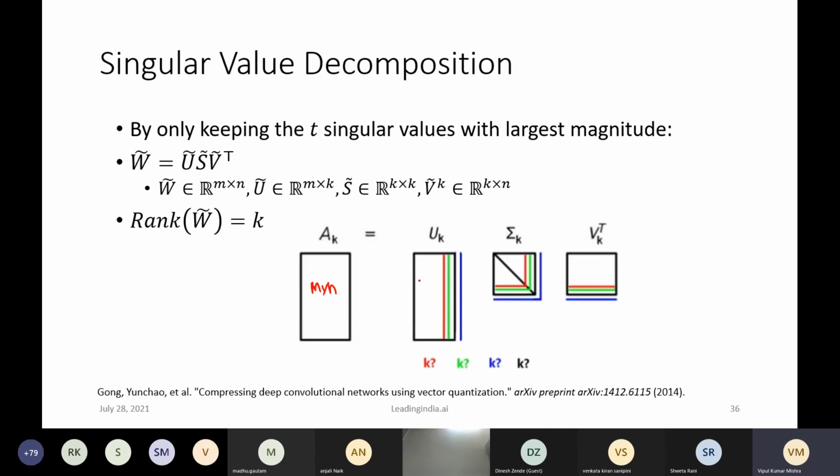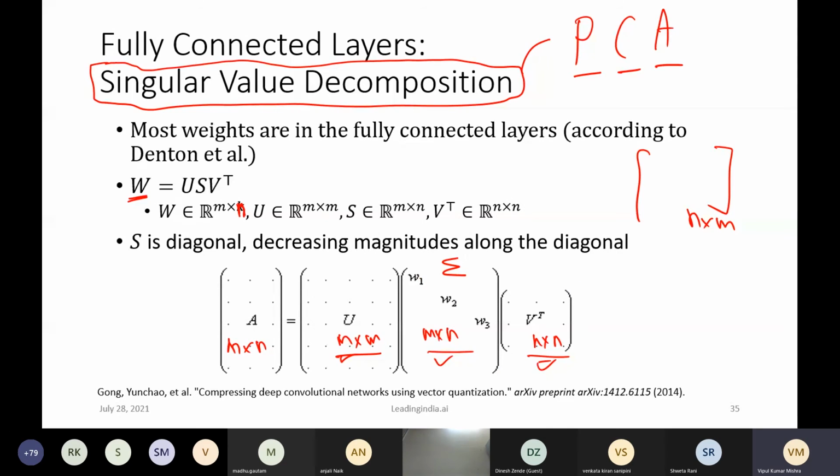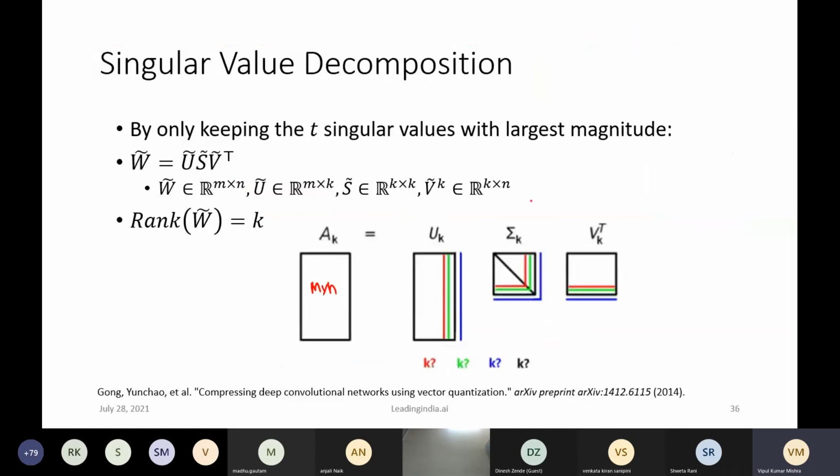Instead of storing m cross m, we store only m cross k. Then we store k cross k, and k cross n, where k is much less than m and n. Now you can ask, what are we achieving from this, and why are we doing this entire exercise?